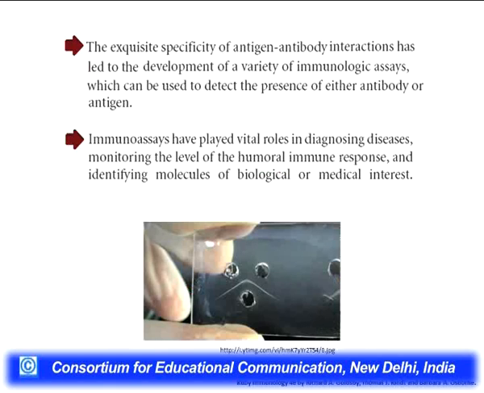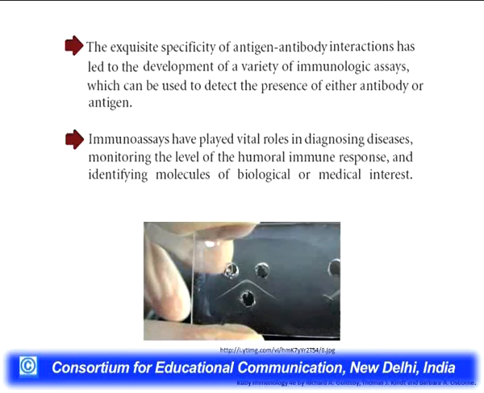Based on these principles and the specificity of the antigen-antibody interaction, a number of immunologic assays have been developed. These assays are routinely used for diagnosing diseases such as cancer, HIV, malaria, dengue, chikungunya, as well as helping us detect which particular biomolecules are present in our body in an abnormal condition.